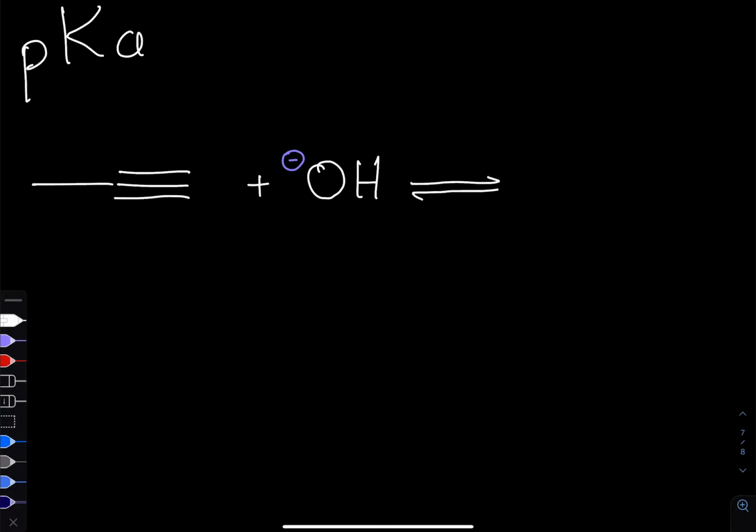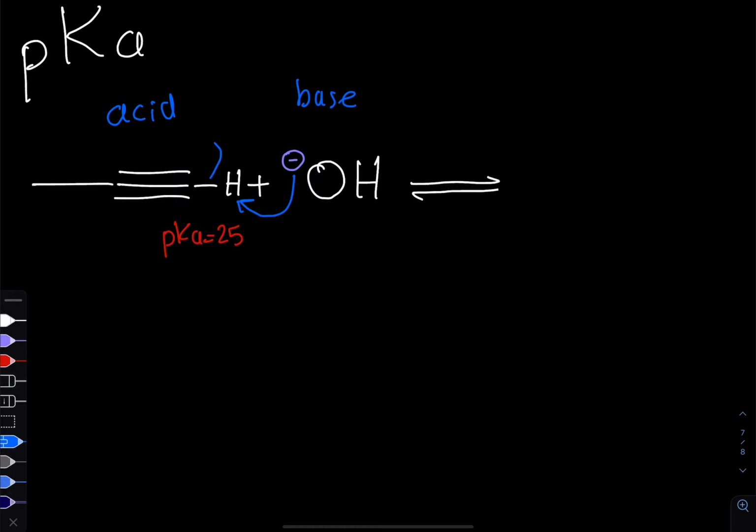So in this case, the most acidic proton in the acid is the same one as before. It's going to be this hydrogen. This has a pKa of about 25. So this hydroxide is going to attack that, and then it's going to lose those electrons, and they're going to go to the alkyne.